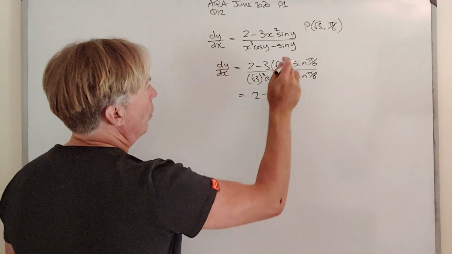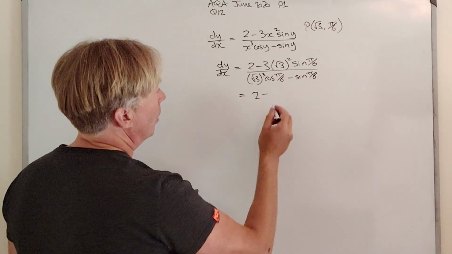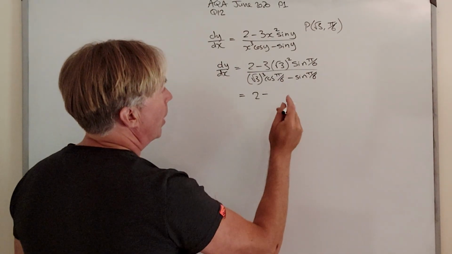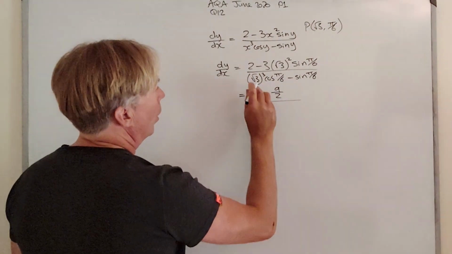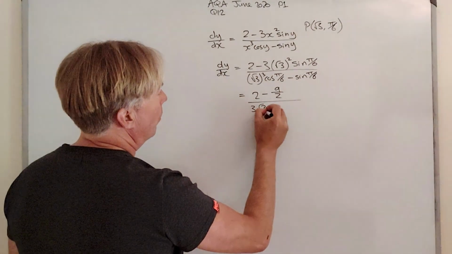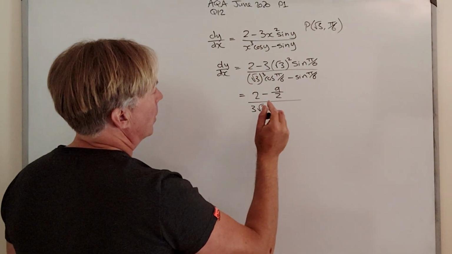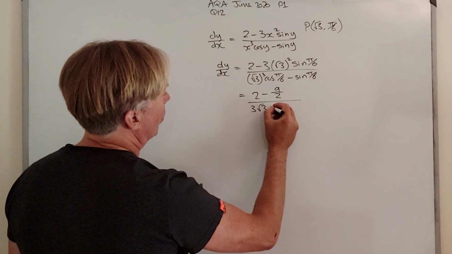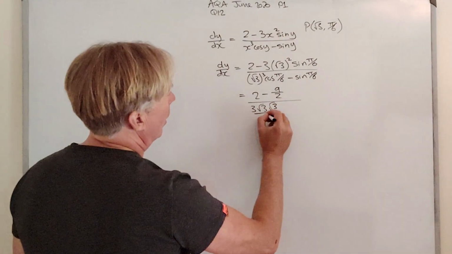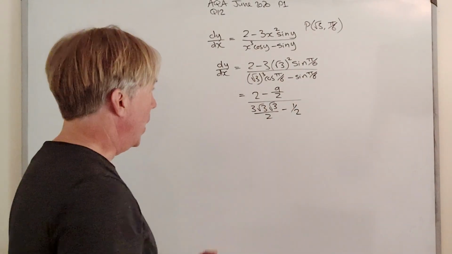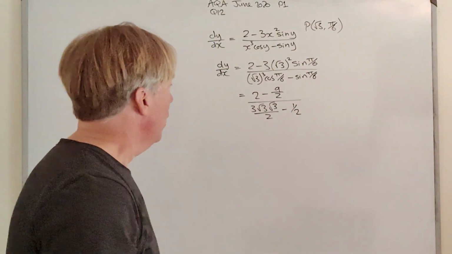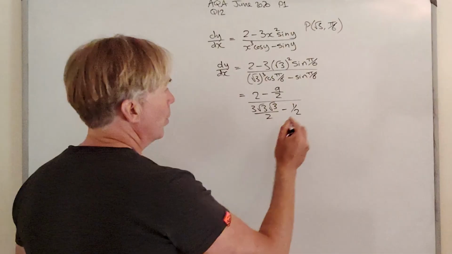So √3 squared is going to be 3, so that's going to be 9. Sine π/6 is a half, so that's 9 over 2. All over 3√3, which we did before, times cos π/6, which is √3 upon 2, minus sine π/6, which is a half. Okay, so it looks a bit ugly, but the root 3s will go.